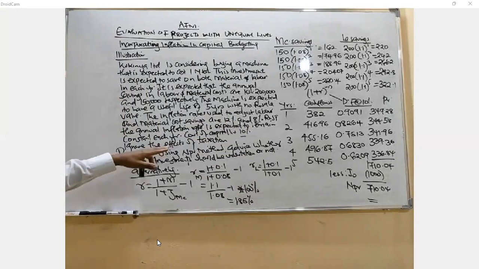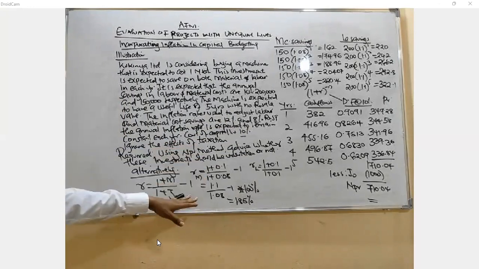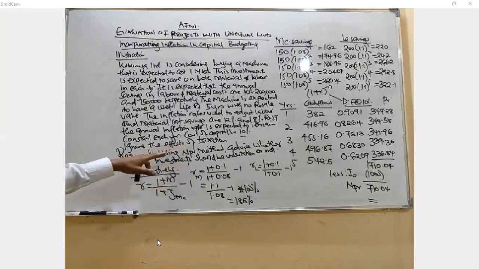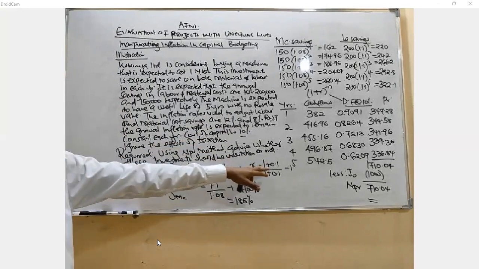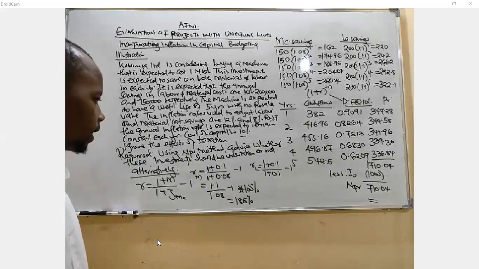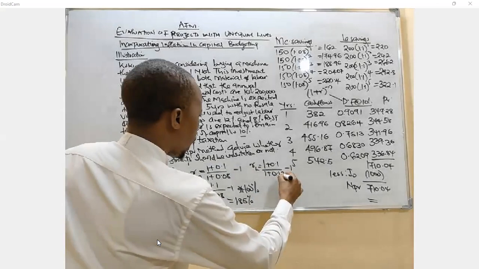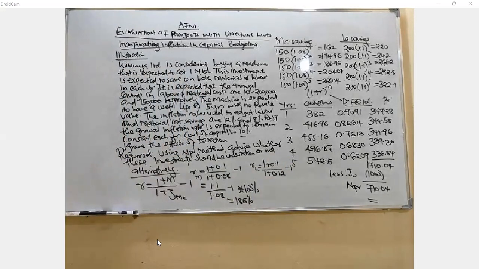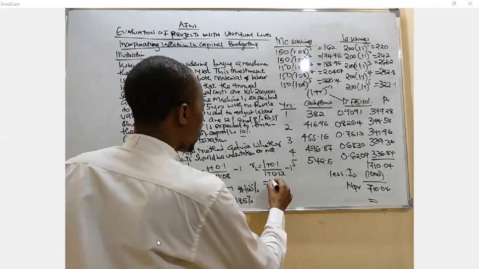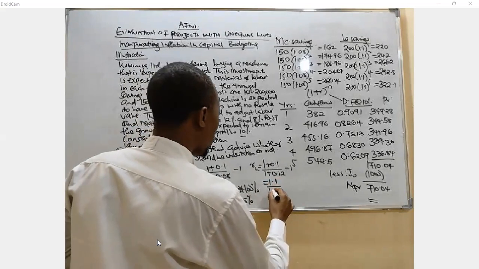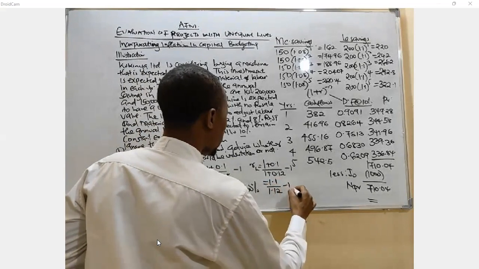I just want to show how the formula normally works. The cost of capital is 0.1. You divide by the rate for the labor, which, let us say, was 12%. So it will be 1.1 divided by 1.12 minus 1.